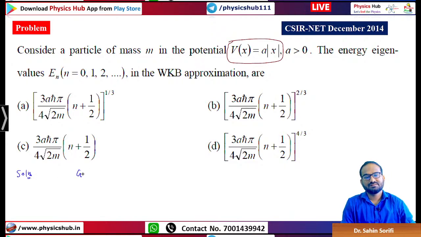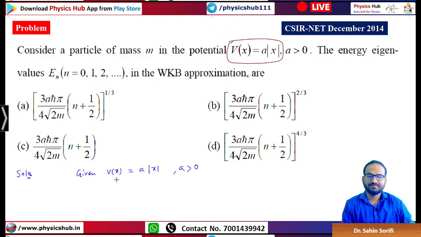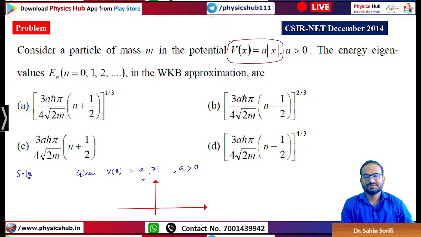What is given? V of x is equal to a mod x, where a is greater than 0. So first of all, we need to visualize this potential. If you draw this potential, you know how it will look. V of x versus x, a mod x. a mod x means what?